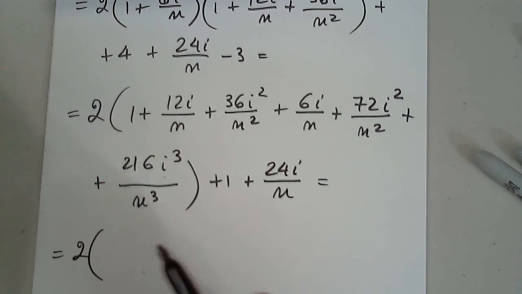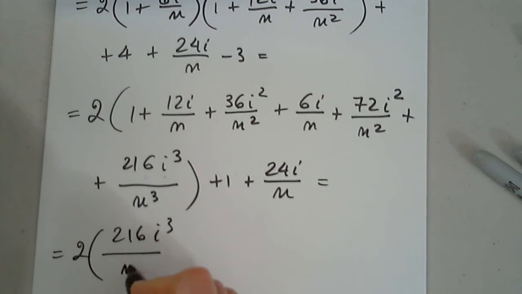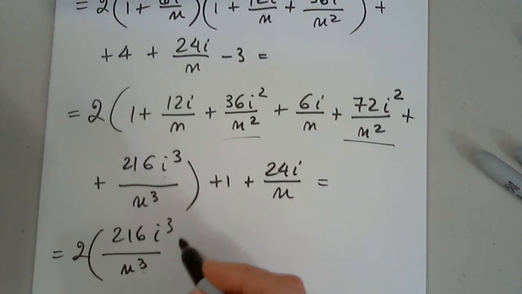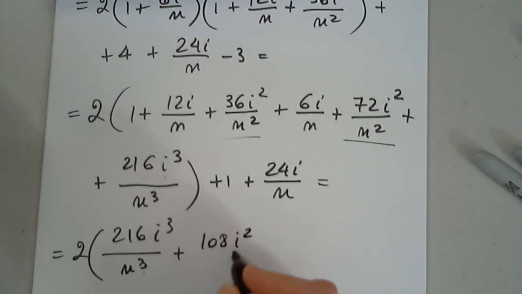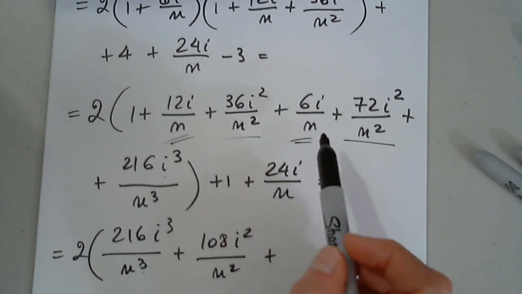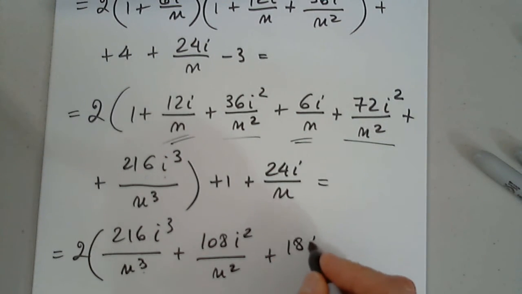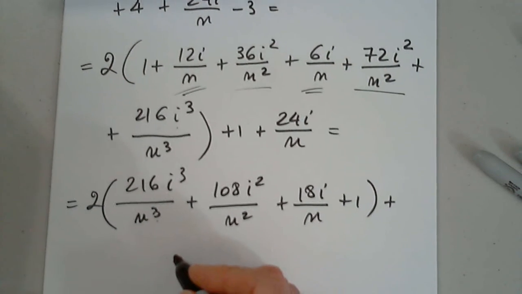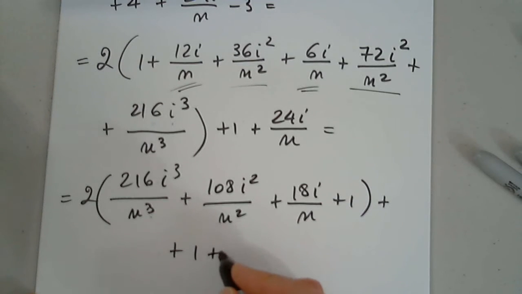In descending order, 216i cubed over n cubed. Now these 2 terms, plus 108i squared over n squared plus, now these 2 terms, 18i over n, and then plus 1, and then outside, plus 1 plus 24i over n.